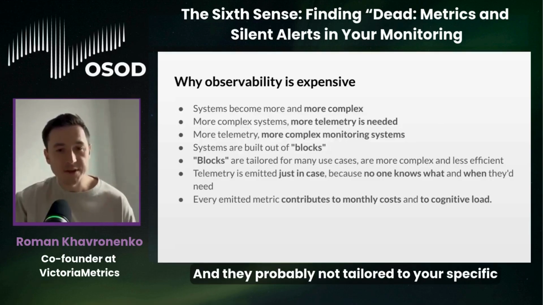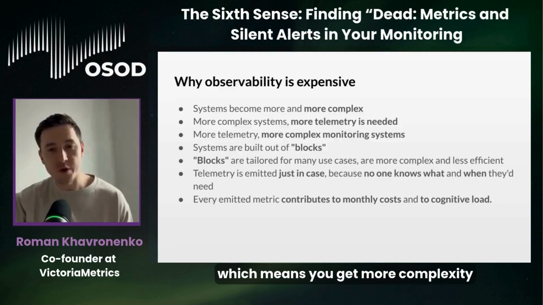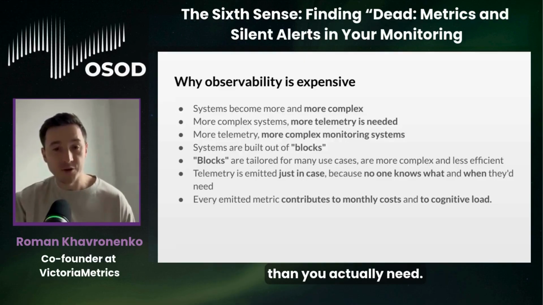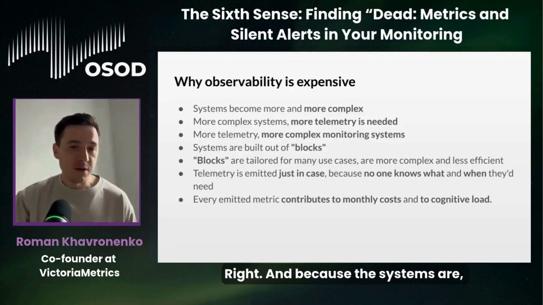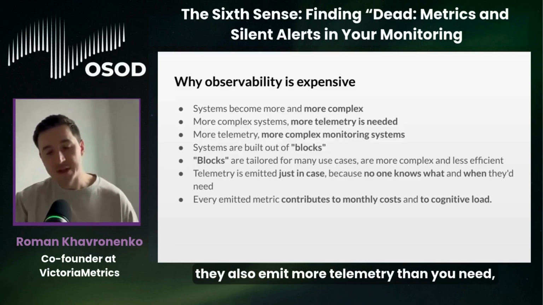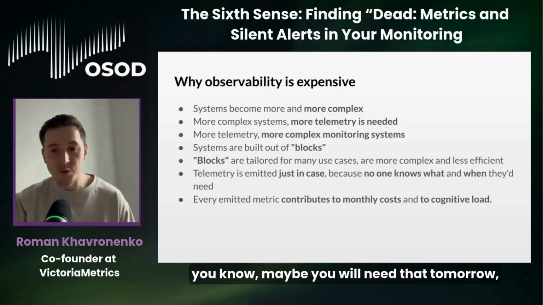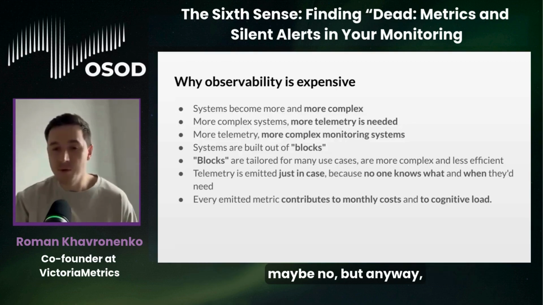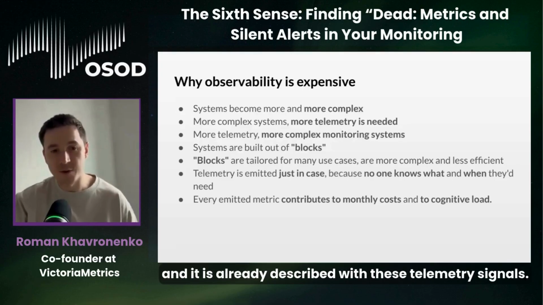They're probably not tailored to your specific use case, which means you get more complexity than you actually need. And because these building blocks do more than you need, they also emit more telemetry than you need, just in case. Maybe you will need that tomorrow, maybe not, but anyway, it is there. The complexity is there, and it is already described with these telemetry signals.